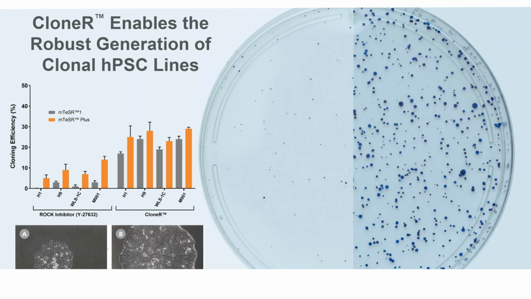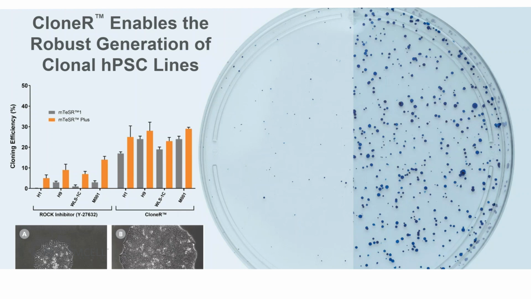So in contrast to Rocky, which is a traditional small molecule that helps support survival of pluripotent stem cells, Cloner robustly supports survival of these single cells, and that's shown in this slide here. So compared to Rocky across different stem cell lines, you can see that there is much more robust cloning efficiency with Cloner supplementing mTESR1 or mTESR Plus.